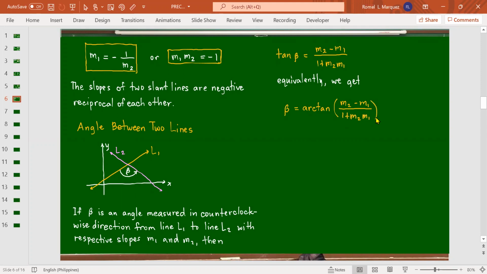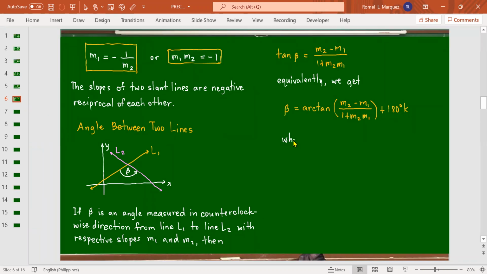But don't forget to add 180 degrees times k, because it is possible that the value inside the arc tangent is positive, possible to be negative. If positive, no problem. We take k equals 0. But if this is negative, since you want your beta to be counterclockwise, we have to add 180 so that it will be in the second quadrant, meaning between 90 degrees and 180 degrees. Get it, guys?